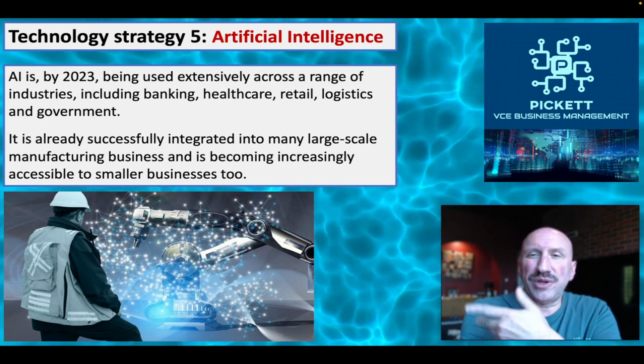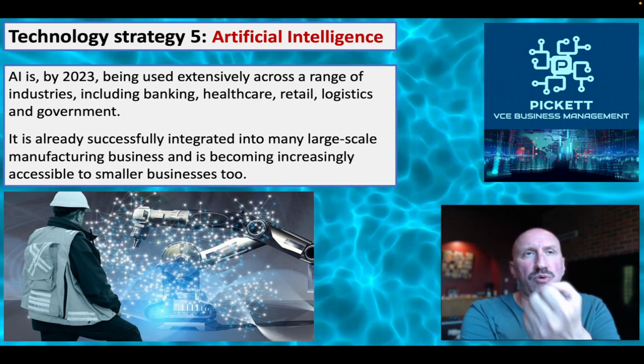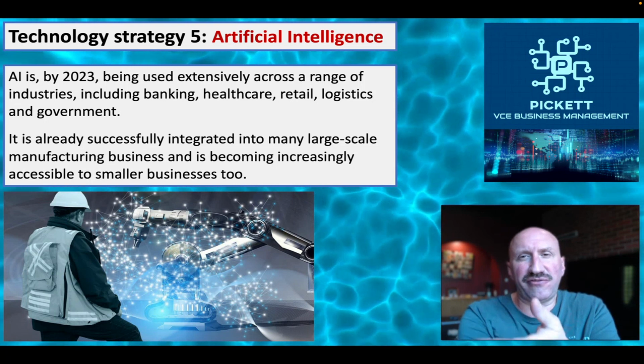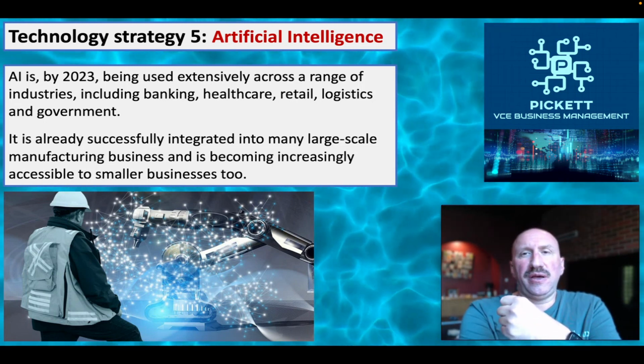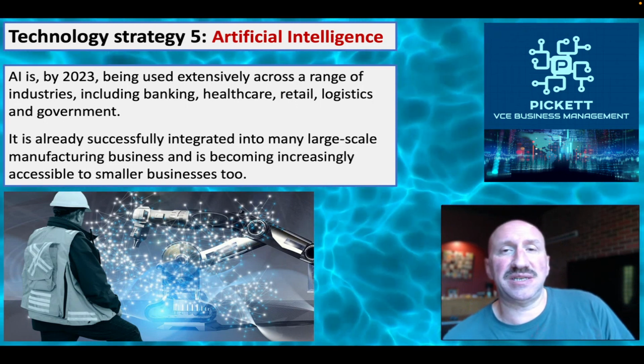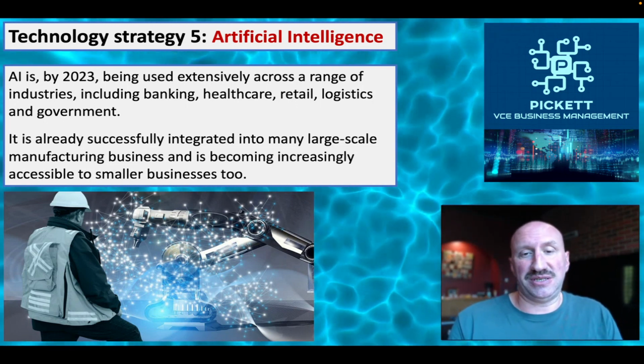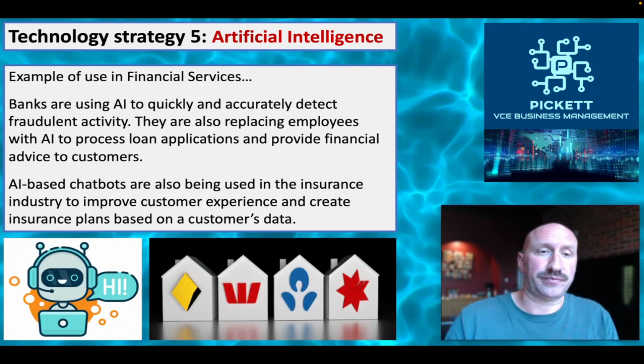And I guess with a lot of technologies, as it's developed further and becomes more ingrained, the costs come down a bit. So it's now becoming increasingly accessible to smaller businesses rather than just the larger businesses as well.